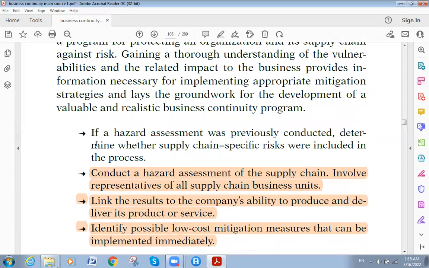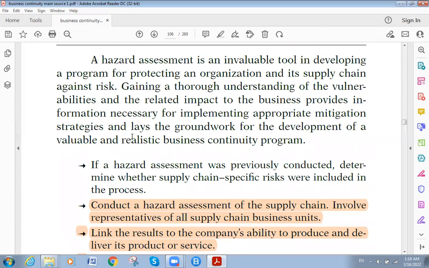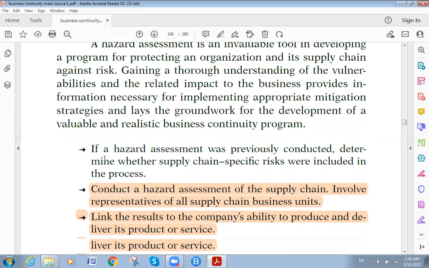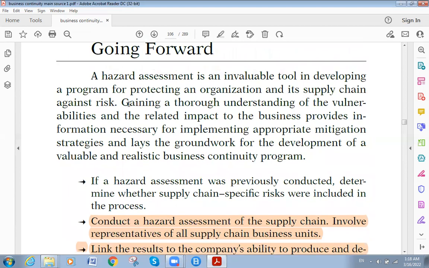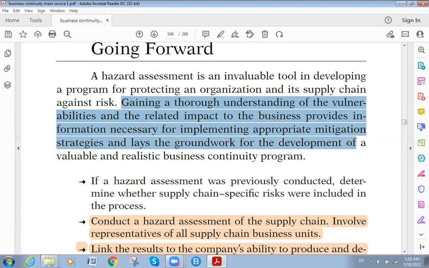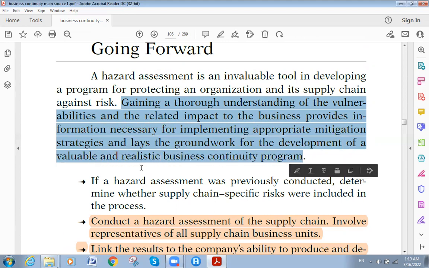Going forward, now we'll go to this point, which is very important. Let us say now, gaining a thorough understanding of the vulnerabilities and the related impact to the business provides information necessary for implementing appropriate mitigation strategies and lays the ground for the development of a valuable and realistic business continuity program.